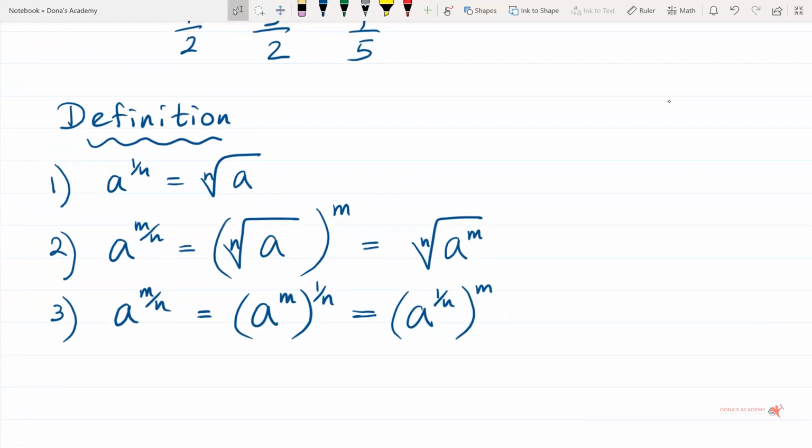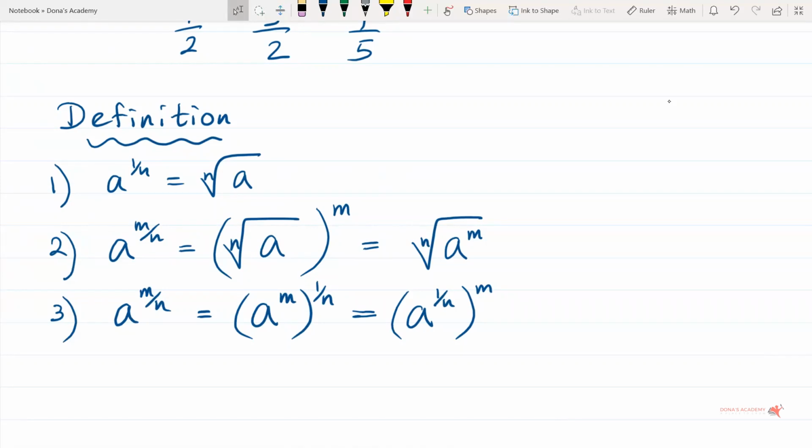Now let's think about how to simplify. Let's do a couple of examples on how to simplify expressions with rational exponents. Similar to simplification of other expressions and radicals, there should be a definition here. The thing is, it is really easy here. There is no difference between the definition of simplifying expressions with integer exponents and simplifying expressions with rational exponents.